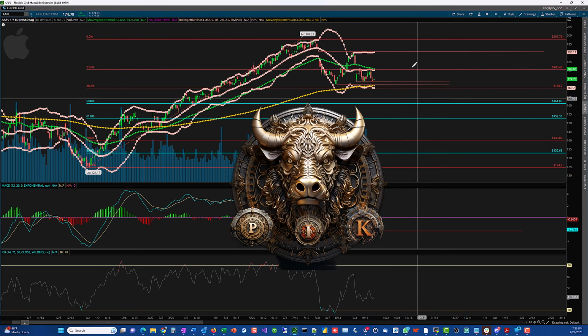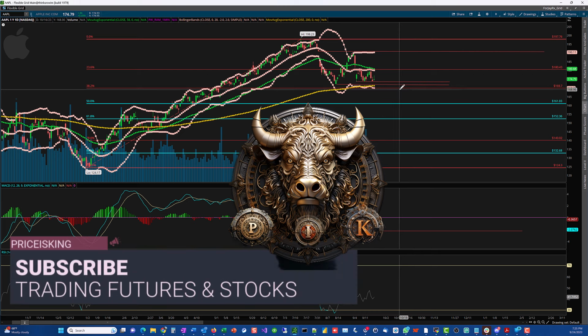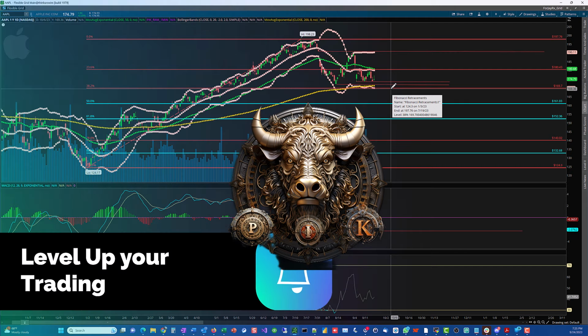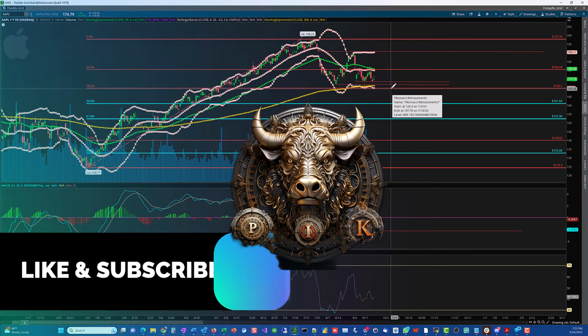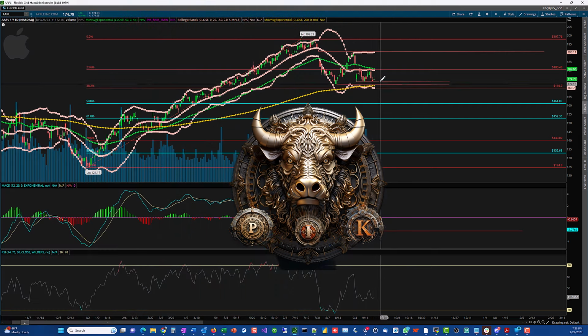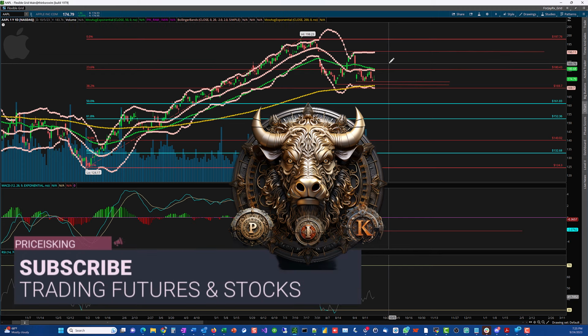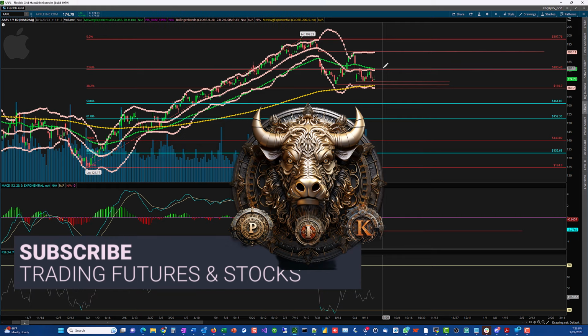That will all depend on the next month, whether or not their sales improved, whether there was any delays, any hiccups on the phone, and then you have to take it from there. But the area that you can get long on is over here and try to exit out over here based on what the market indicates with the news cycle. So that's what I'm looking at with Apple.